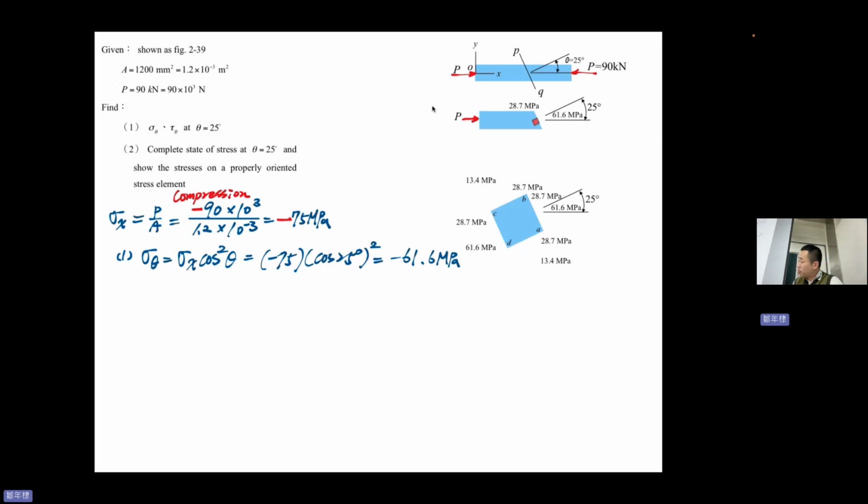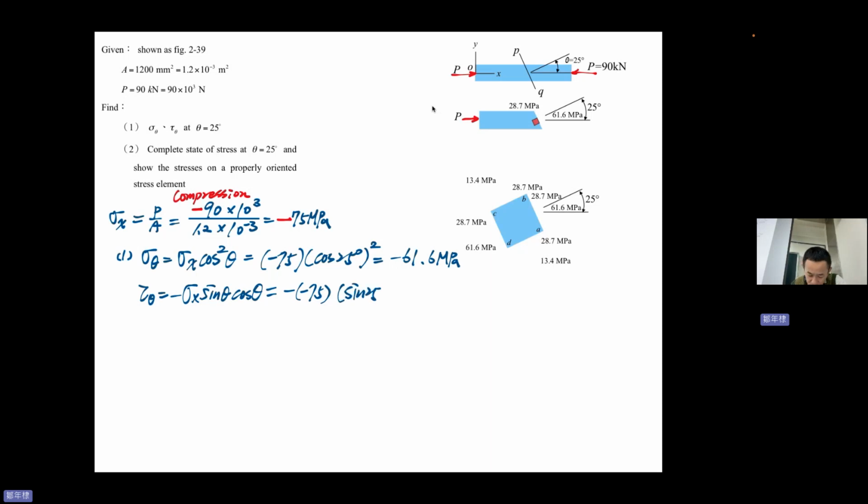Okay, you obtain minus 61.6 MPa. Then you can have tau theta equal to minus sigma x sine theta cosine theta, just the equation, right? Minus 75. Don't forget the minus sign, and sigma x also has its minus sign. So careful about this, right?